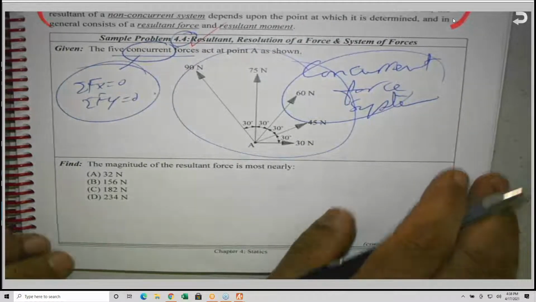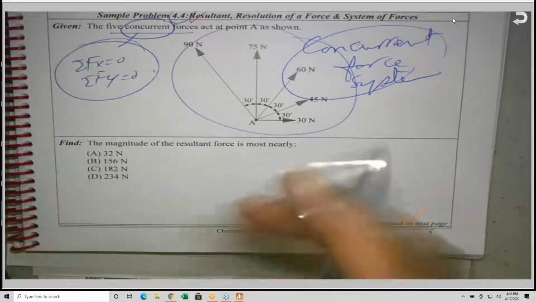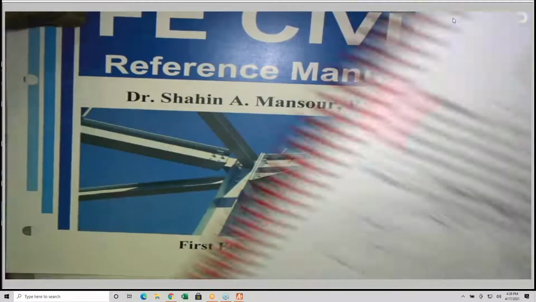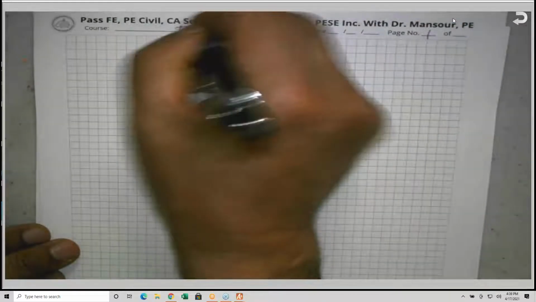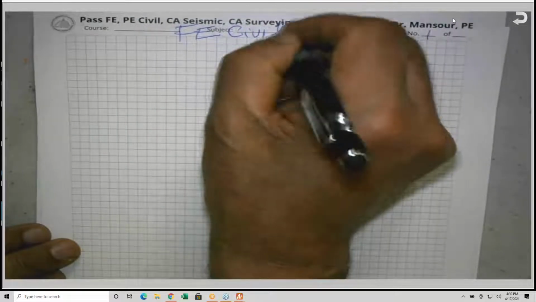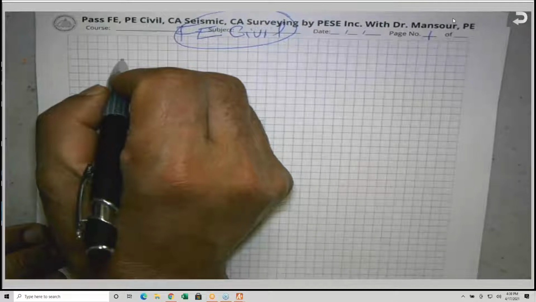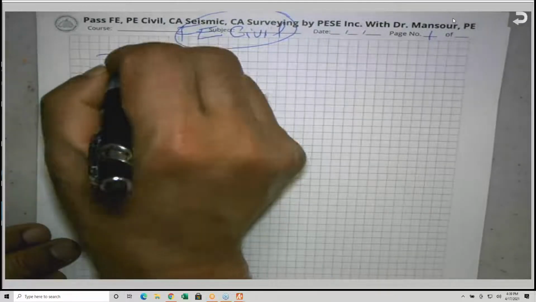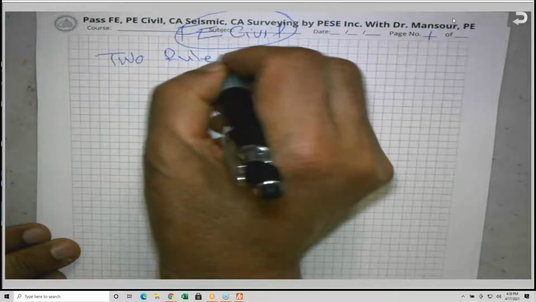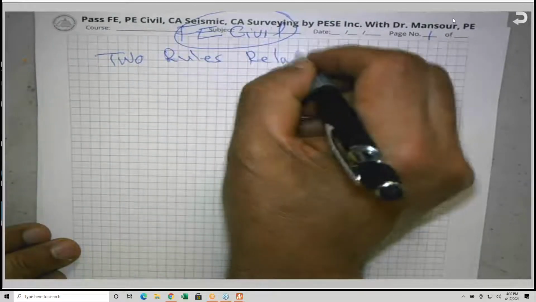Okay, so basically, when we talk about loads in the future, I need you to remember 2 important rules related to forces, and probably I mentioned them last time.